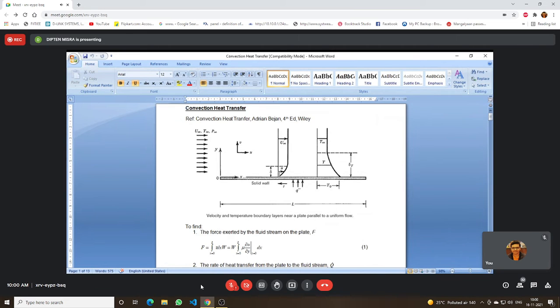At each and every point it is a steady state that you have considered over here, but there is a variation of U within the velocity boundary layer. U varies from 0 to U infinity, and as a consequence V also will vary in some way. So U and V will vary along x and y, and T also will vary along x and y.